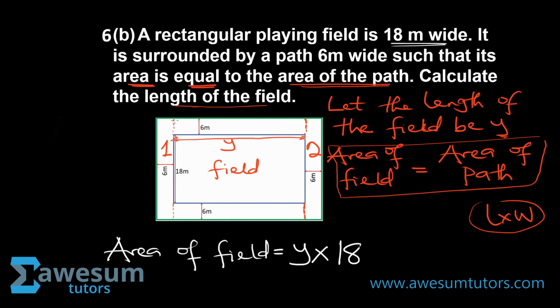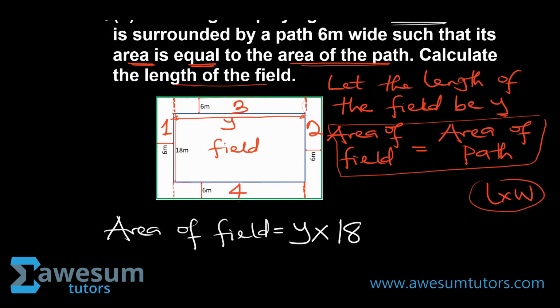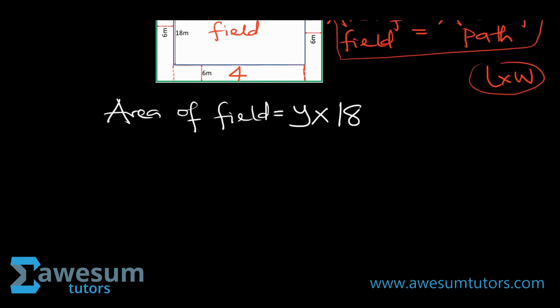Since I have demarcated this already, from here this is going to be rectangle 3, and this one right here is going to be rectangle 4. So that means we can find the area of the path.